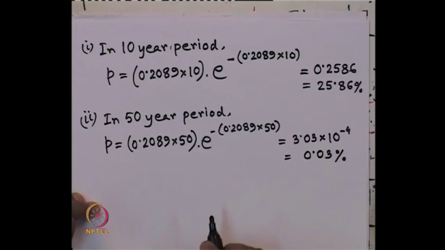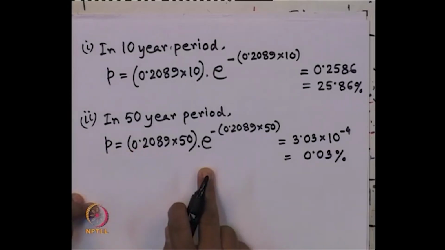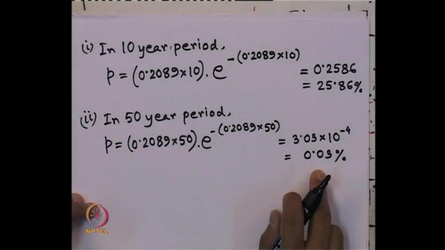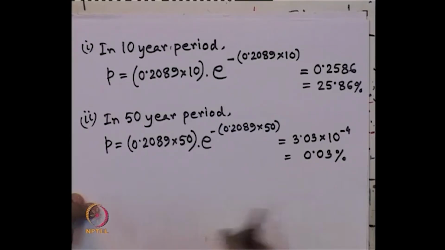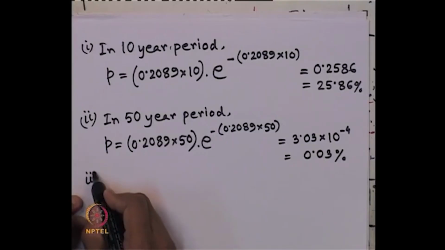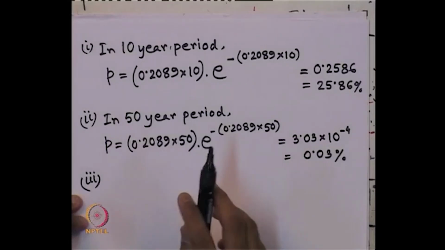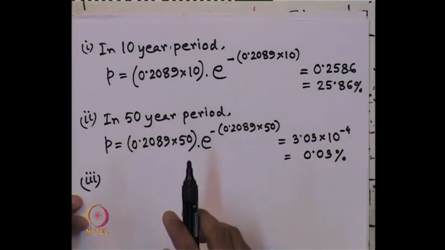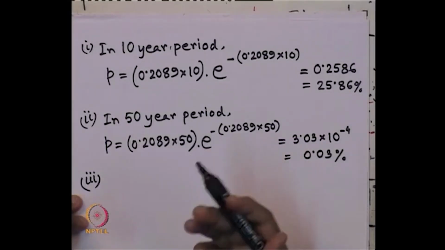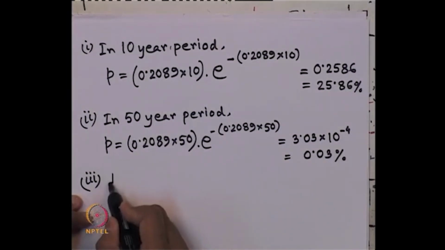That means the probability of exactly one earthquake of 6.5 in a 50-year period is this small. And what does it mean? Inversely, there will not be exactly one, there will be more than that. Is it clear?